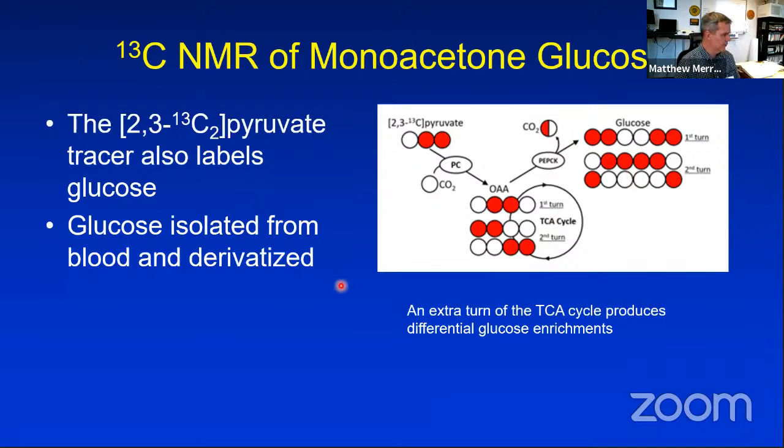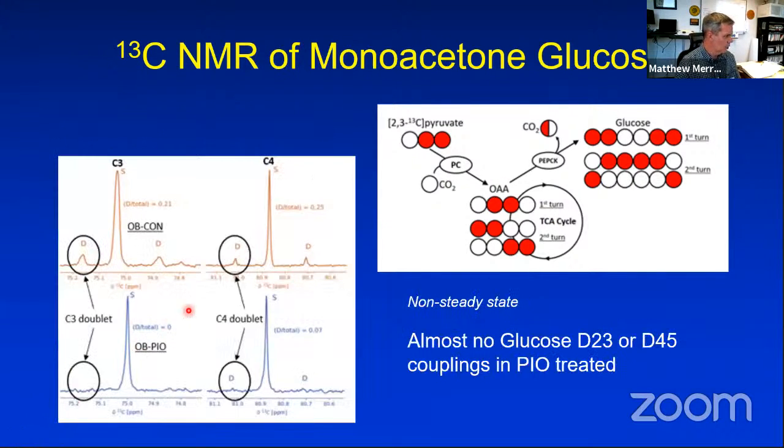And so we can inspect the carbon-13 spectrum and look for evidence of glucose production from the pyruvate. We talk about the NMR being insensitive, but this is actually pretty nice because after only 8 minutes, we can see glucose being produced from our tracer, and we know that it's coming from our tracer because it's this doublet.